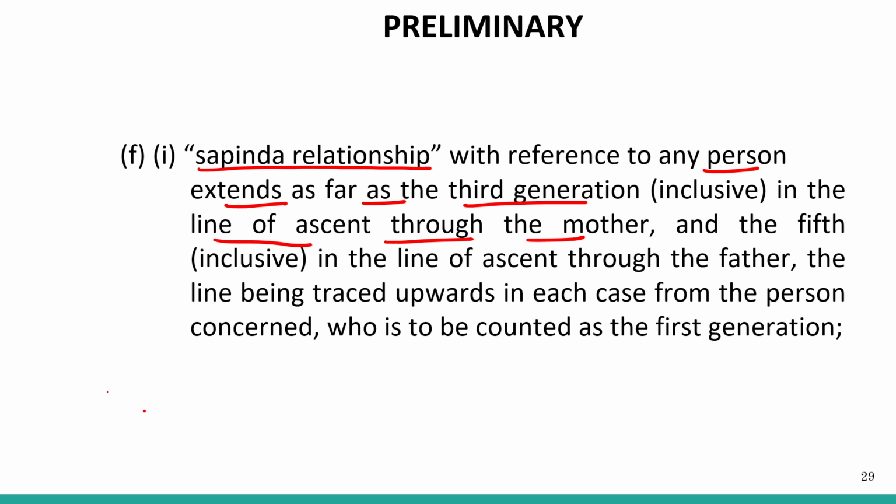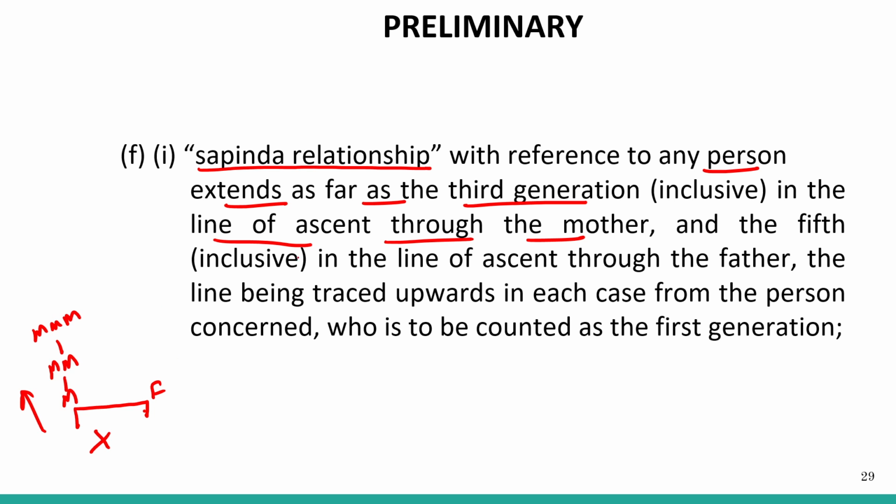This is X, this is mother of X, this is father of X. Then you have mother's mother, that is grandmother. Then mother's mother's mother, that is great grandmother. So these are 3 lines of ascent, going up, as far as 3 generations in the line of ascent to the mother.